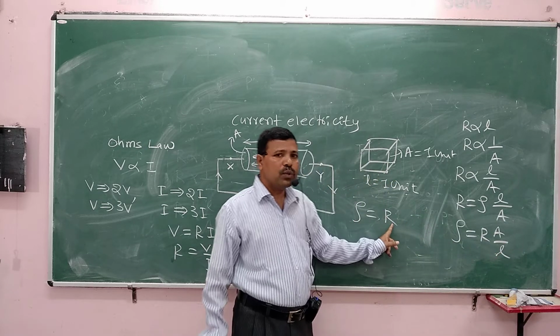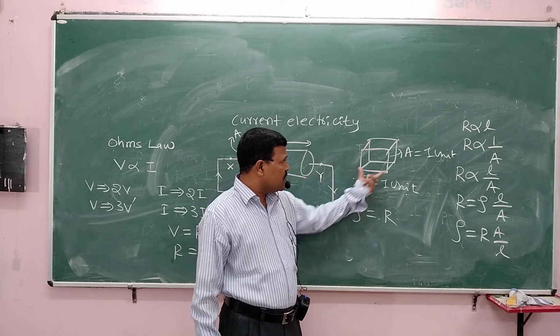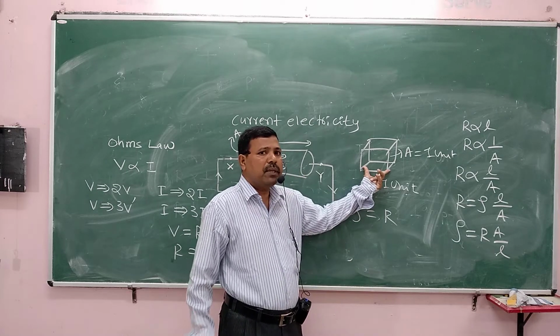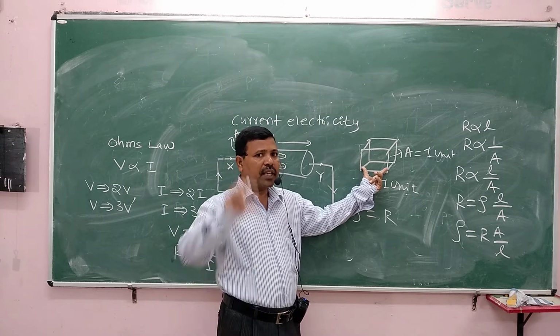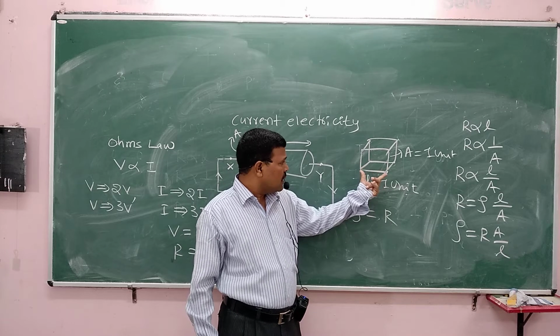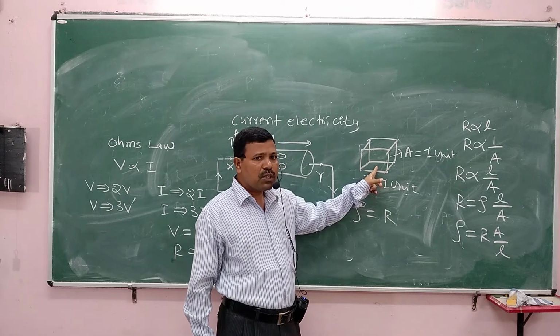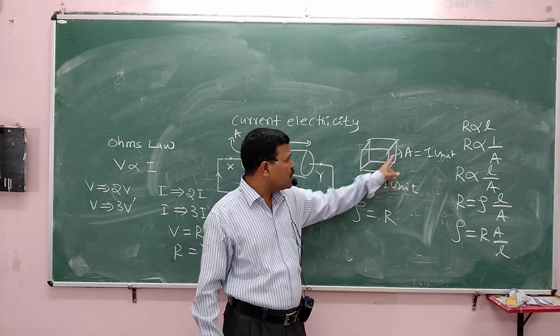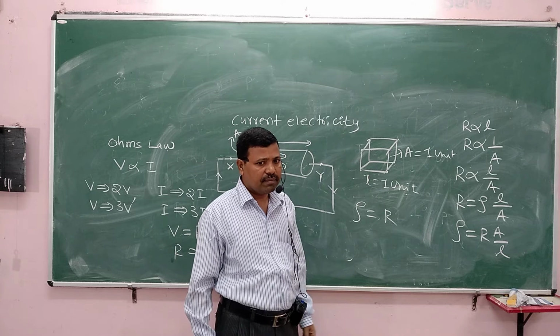Therefore, rho is equal to R. That means the resistivity of this material, be it a cube of aluminium, silver, or copper, is equal to the resistance of this material when it has unit dimensions, unit length and unit cross-sectional area.